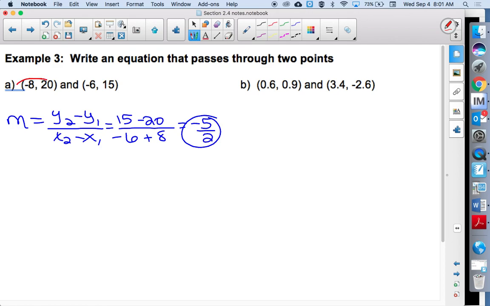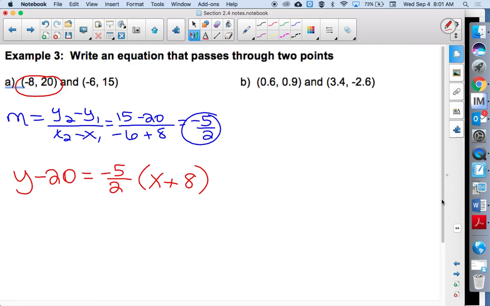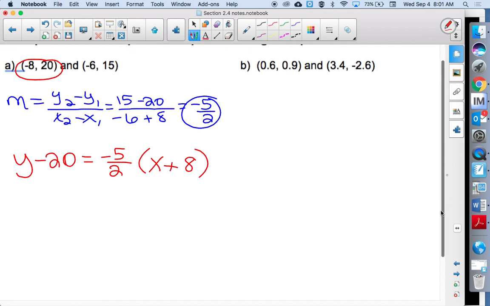So if you just want to pick the first ordered pair because it's listed first, then that's the point you can use, but it's up to you. So y minus y1 equals the slope we just calculated, times x minus x1. You could have used the other ordered pair as well.